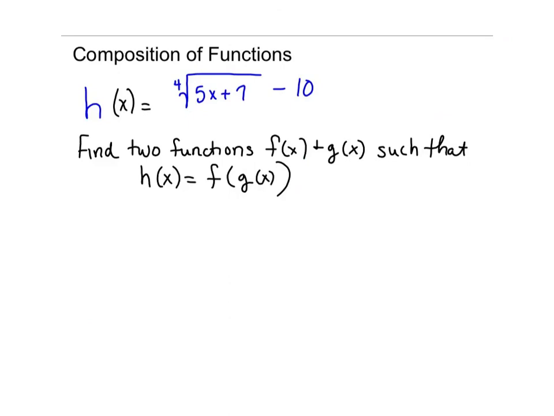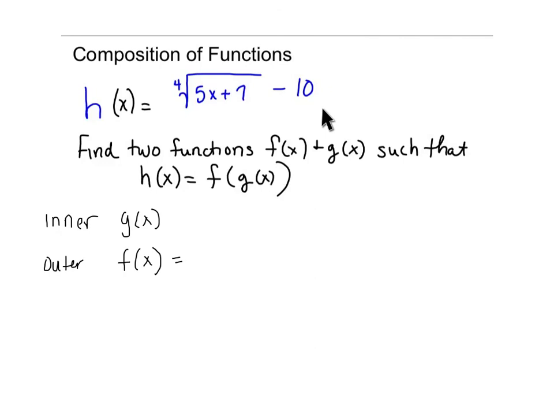All right, there's one other type of problem that we want to talk about, and that's one that's already been done algebraically, and then you want to separate it off into two functions, an inner function and an outer function. So on here you'll notice that the inner function is going to be g of x, and the outer function is going to be f of x. So looking up at the example, you can see that you've got the fourth root minus 10.